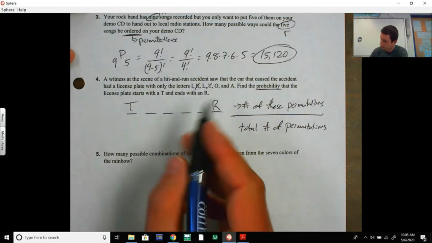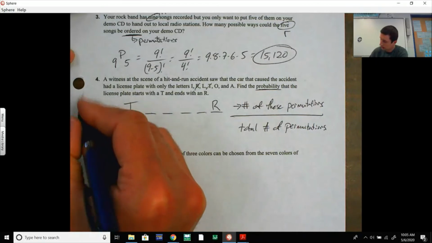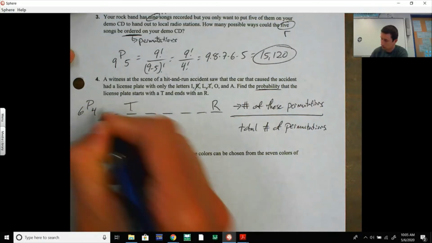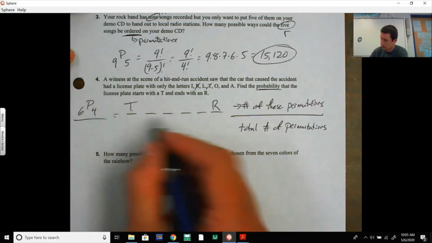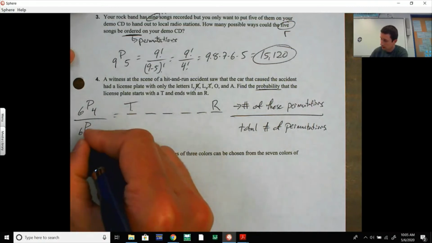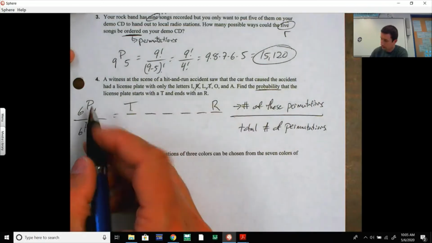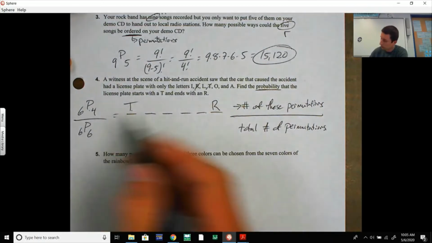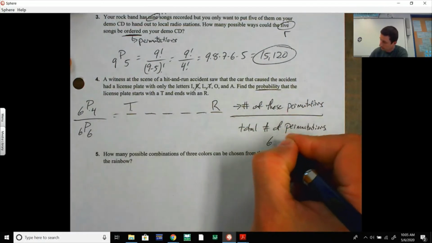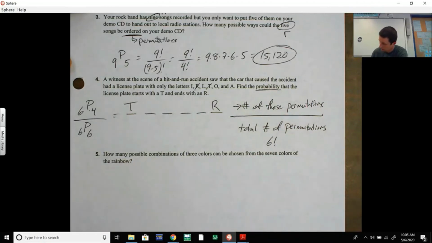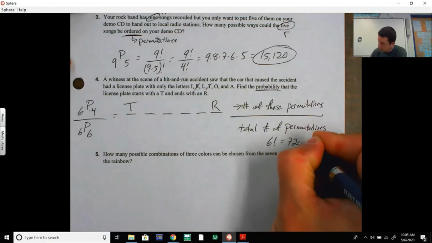Now, all together here, we have 6, and we're going to permutate 6 of them. So we're going to end up with this over this. So the total number of permutations would be 6 factorial, 6 times 5 times 4 times 3 times 2 times 1, and that's going to be 720.